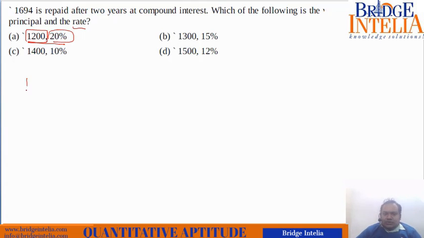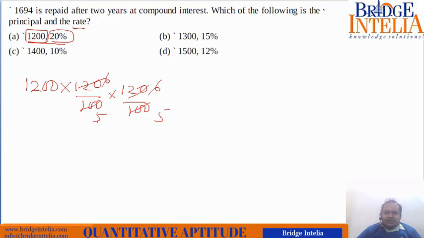So let's see. So 1200 rupees. What is the rate? 20%. Time 2 years. So multiplication factor 120 by 100. So will this become equal to 1694? So let's see. So 6 by 5, 6 by 5. So 5 5s are 25.